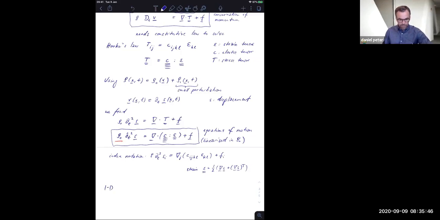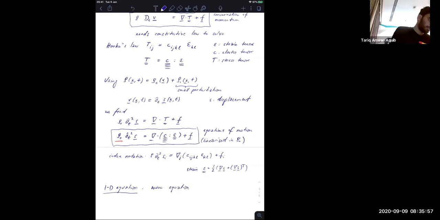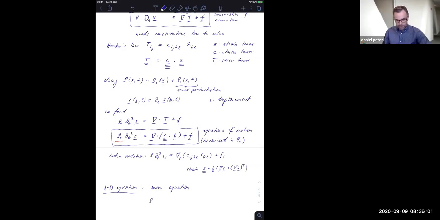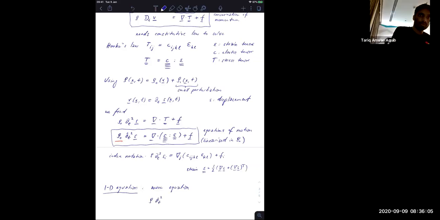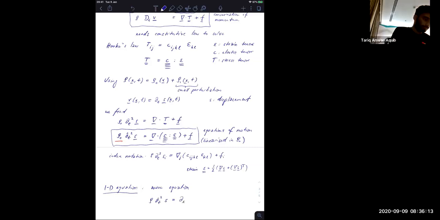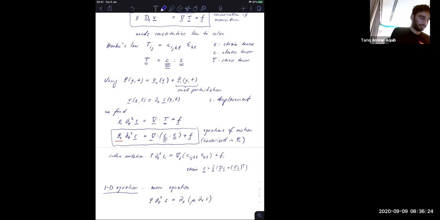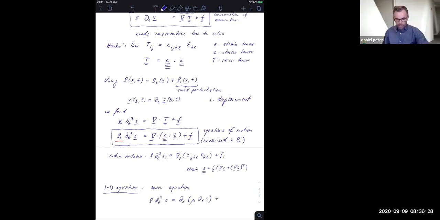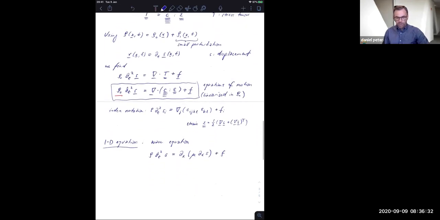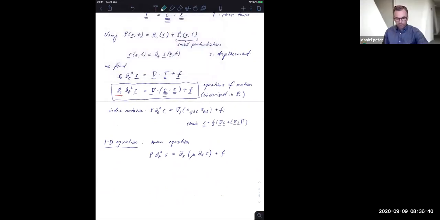So the 1D equation. What we end up with is basically the wave equation in 1D, which is rho times the second order derivative of displacement is equal to the divergence, and in 1D this basically shrinks down to this expression, plus F. So the elastic tensor basically only becomes one factor.